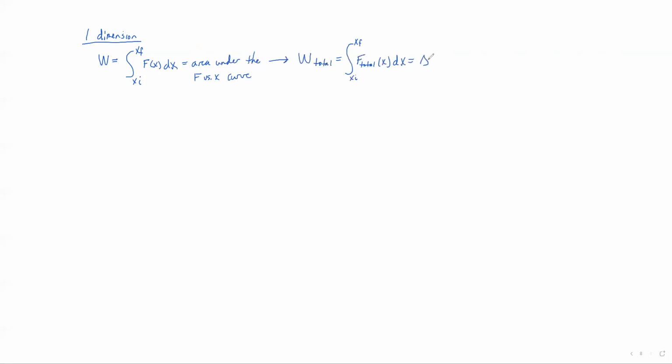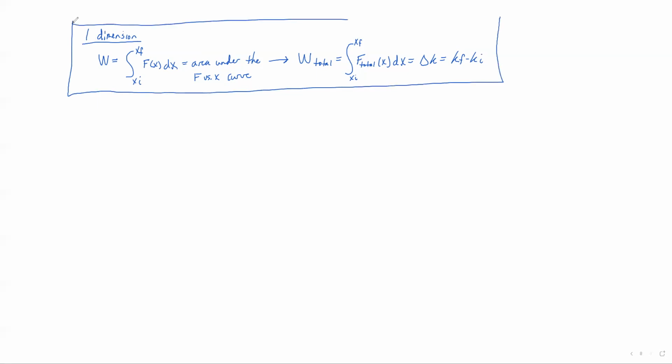That's equal to delta K, which is equal to Kf minus Ki. So your total work is still equal to the change in kinetic energy. It's just for variable forces, you have to integrate to get it.